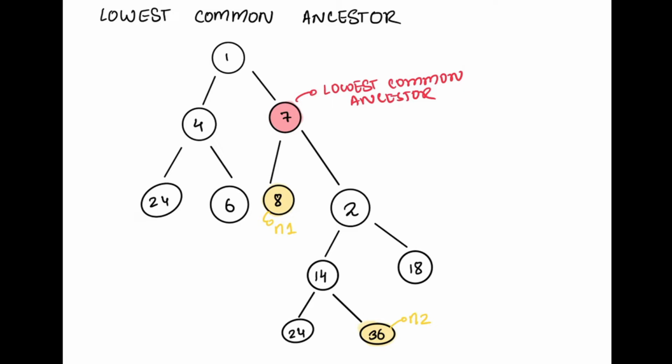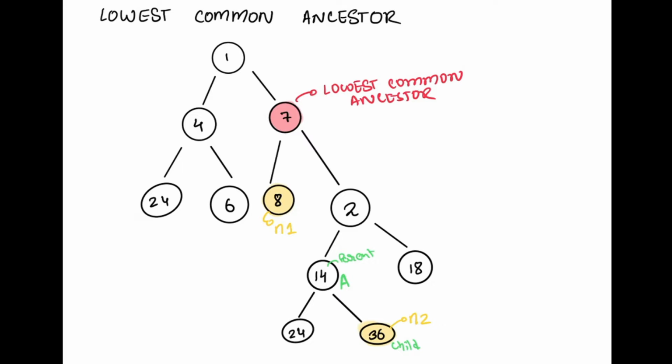So if I start with 36, 14 is the father of 36, parent, not father, parent, we call it parent child relationship. So 14 is the parent and 36 is the child. This is the child and here it is the parent, and parent is nothing but an ancestor.